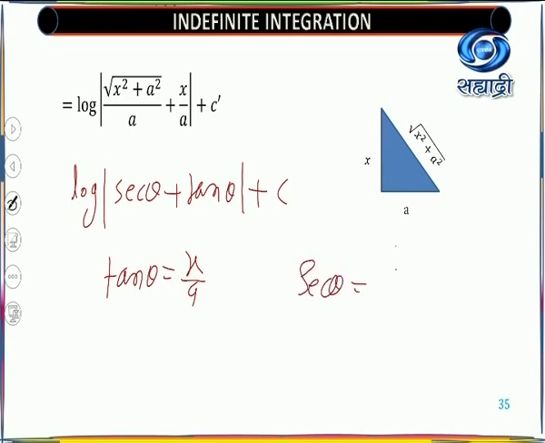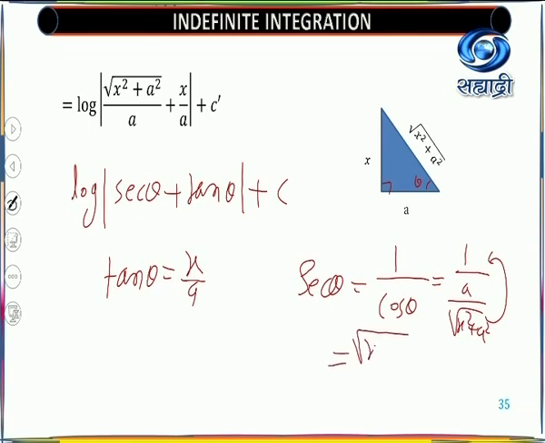What is sec theta? Sec theta equal to 1 upon cos theta. And what is the cos theta value from this right angle triangle? From the right angle triangle, this value is 1 upon a upon root of x square plus a square. The denominator's denominator goes to the numerator. So you will get root of x square plus a square upon a. This is the value of sec theta.